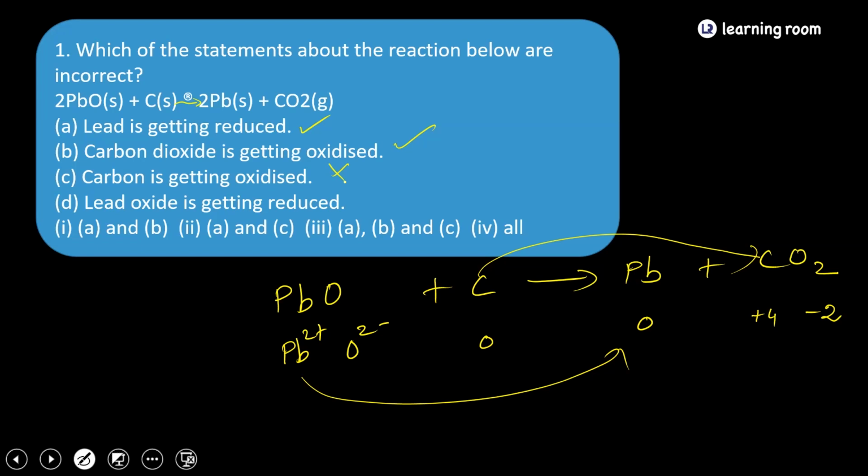What is happening? Lead oxide is giving lead, so there is a removal of an electronegative element. Addition of an electronegative element is what? Oxidation. Reduction is the removal. So lead oxide is getting reduced. So what will be the answer?